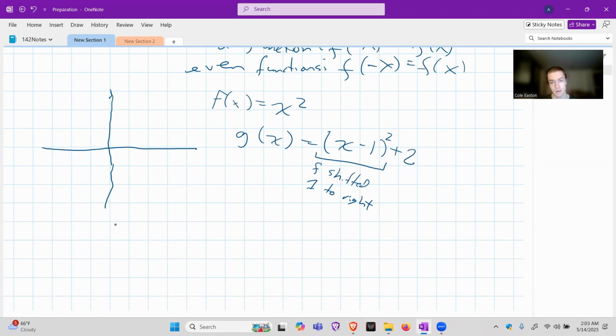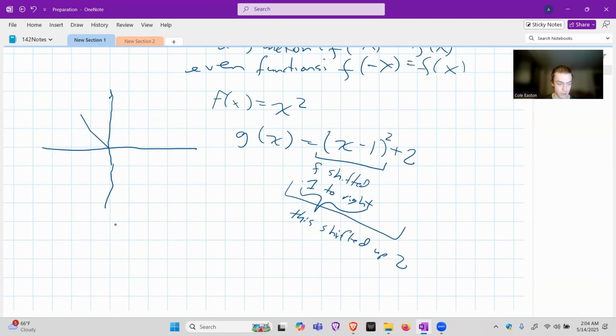And this, overall, is this shifted up 2.